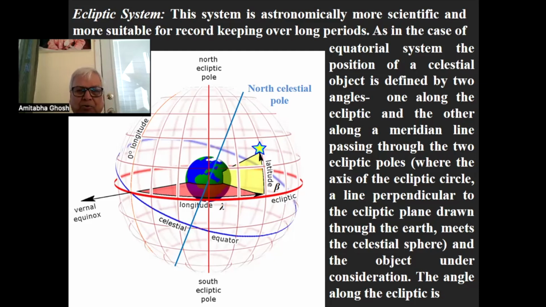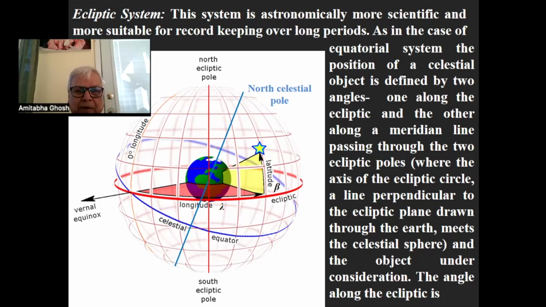You can measure two angles, along the equator and perpendicular to that towards north or towards south. One is called right ascension, the longitude of the terrestrial system, and the latitude is called declination. The declination is positive when it goes to the north, and negative when it goes south.